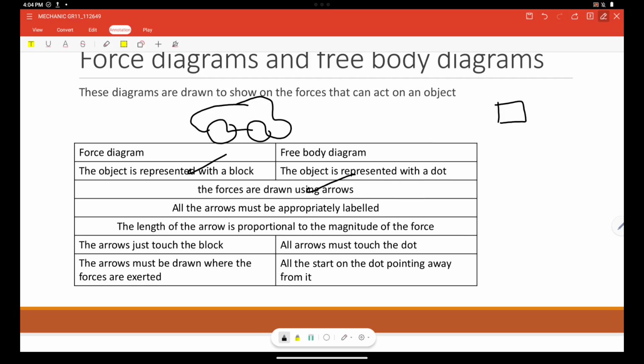If the arrow represents the normal force, then you must clearly label it as discussed in the previous video. The length of the arrow is proportional to the magnitude of the force.